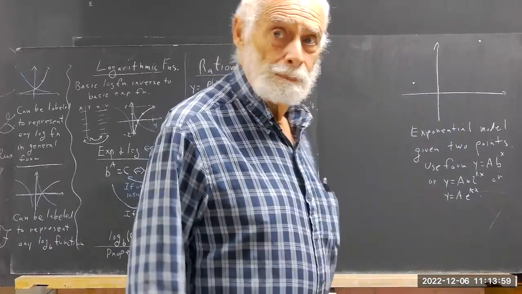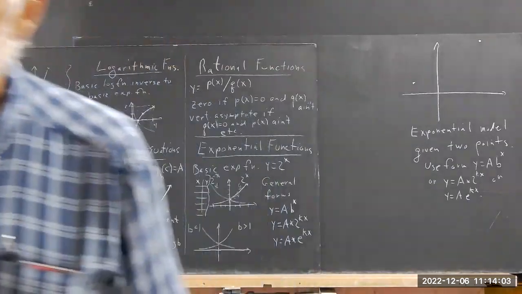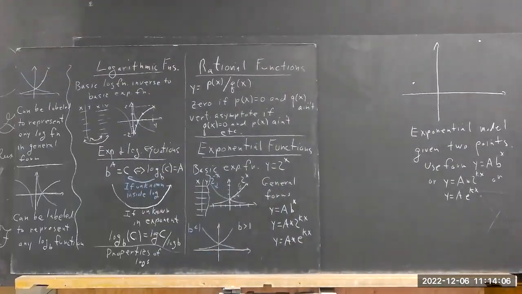Use one of these forms. What do you do with the form of a function when you have points on the graph?